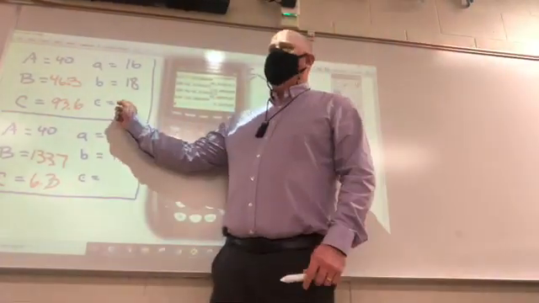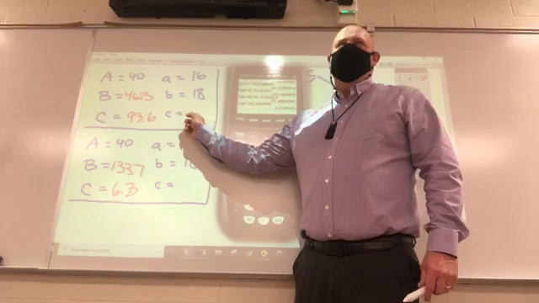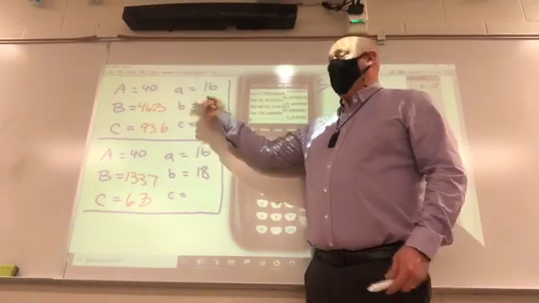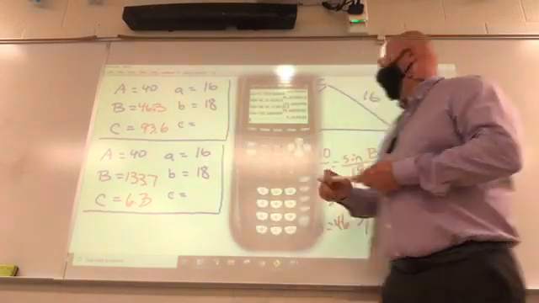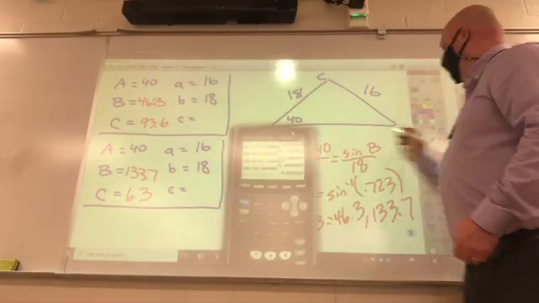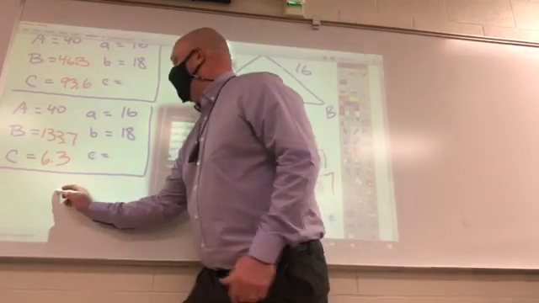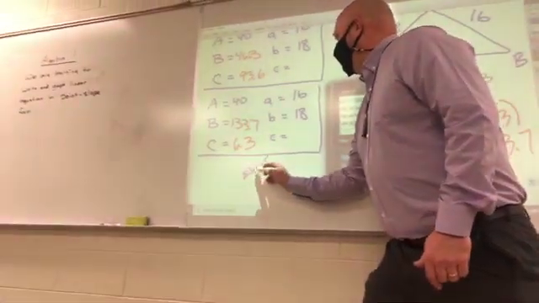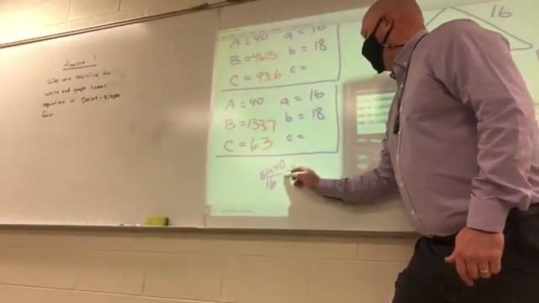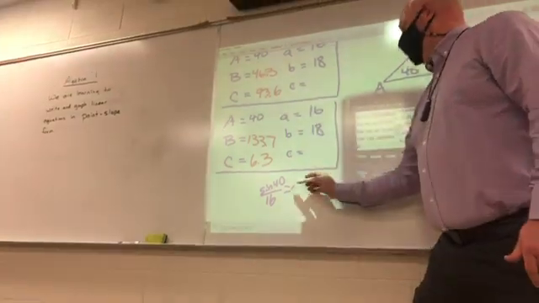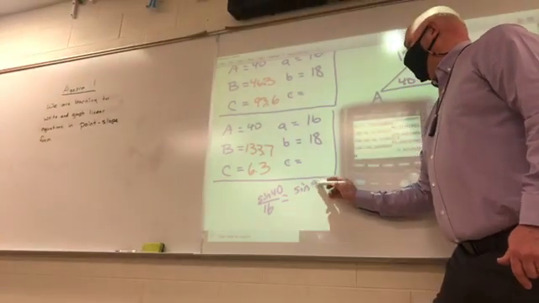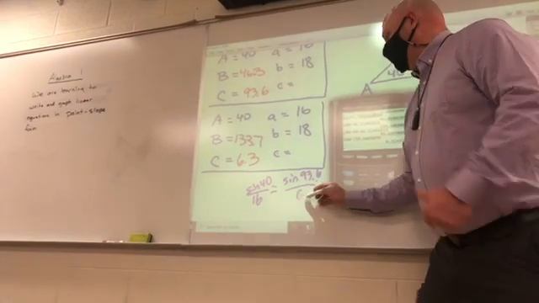How would I find this other missing side? I just got to set up another law of sines. And now my other law of sines would be something like sine of 40 is to 16. As to solve this one, I can do sine of 93.6 is to C, right?